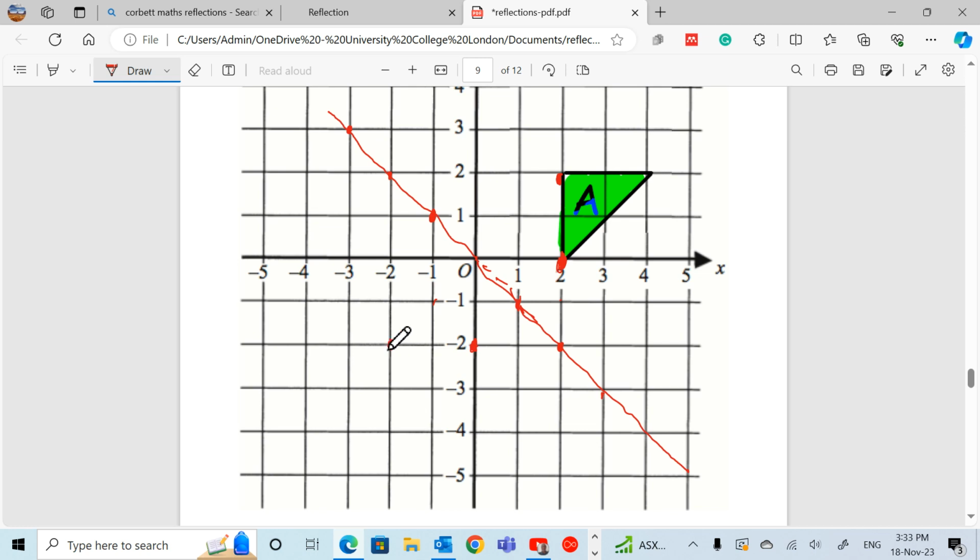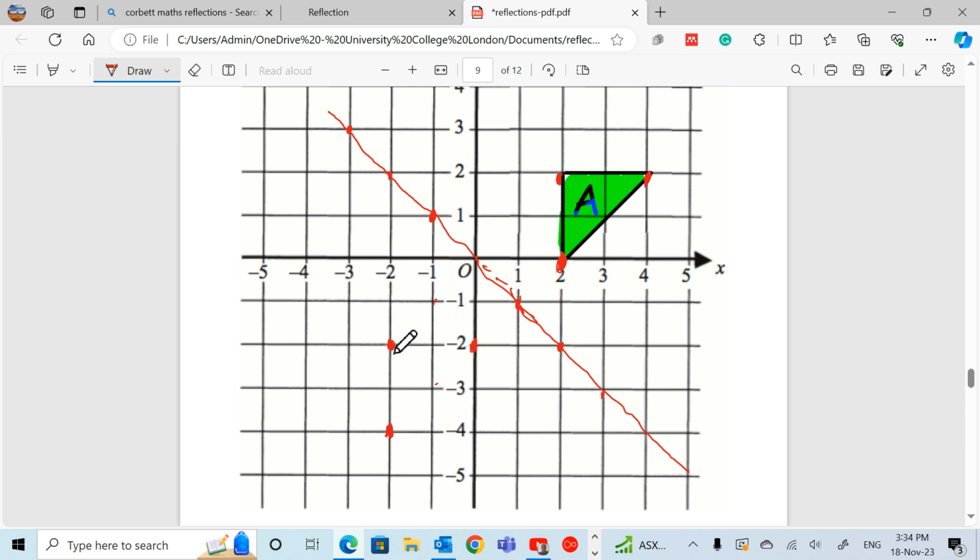I find that easier than going the other way. And similarly, the last point, which is this one here, again, if I go diagonally, how many squares to the line? 1, 2, and 3, and I'll go 1, 2, and 3, and here is my final point.